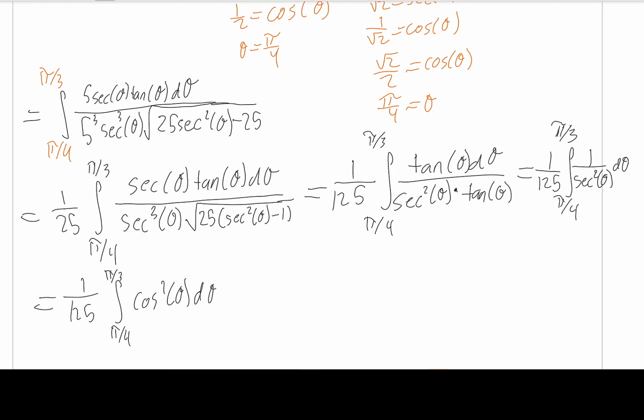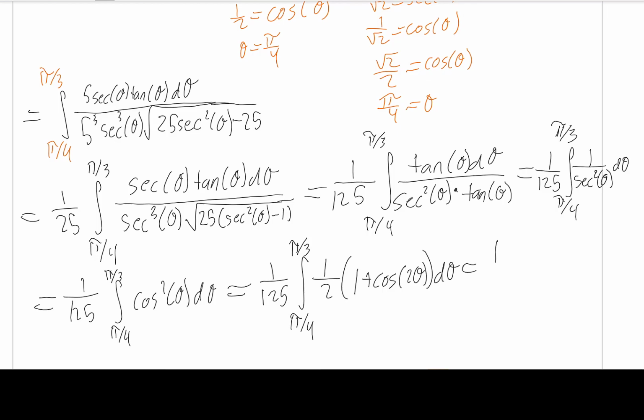And so now we need to remember how to integrate cosine squared theta. So we should be using our identity, which states that cosine squared theta is the same thing as 1/2 times 1 plus cosine 2 theta, d theta.